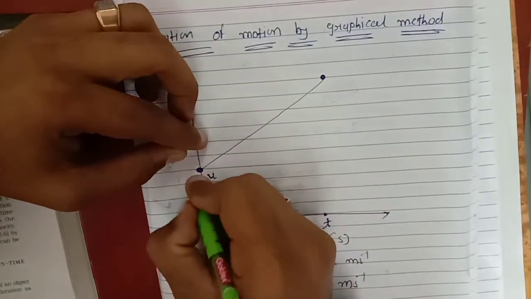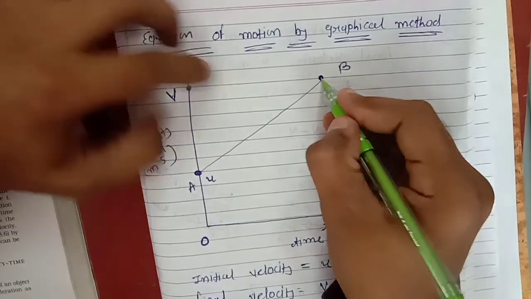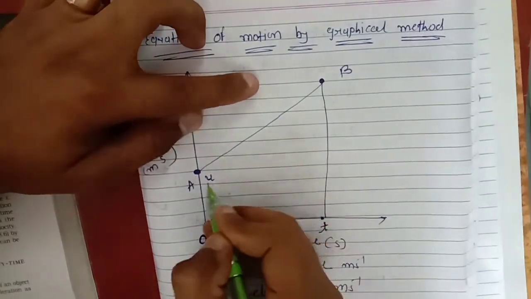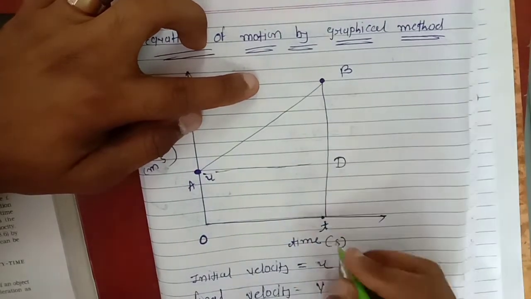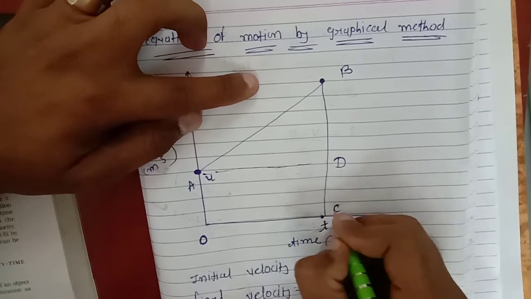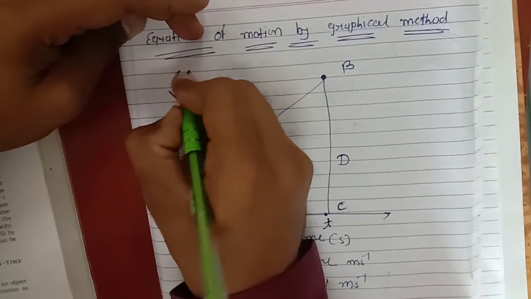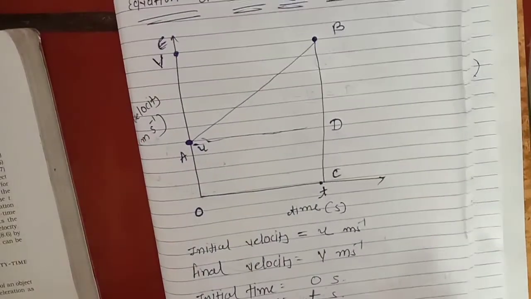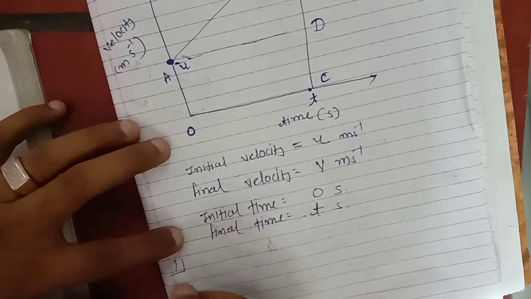This indicates point A, this indicates point B. If I vertically draw, this one is D point, this one is C, and this one is E point.